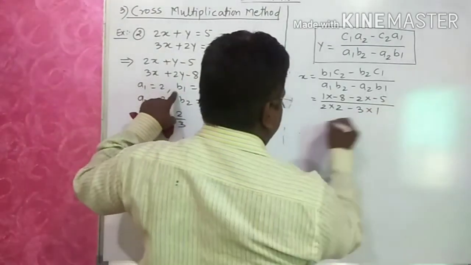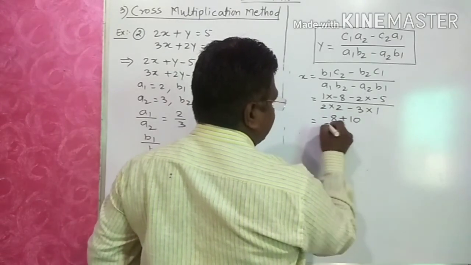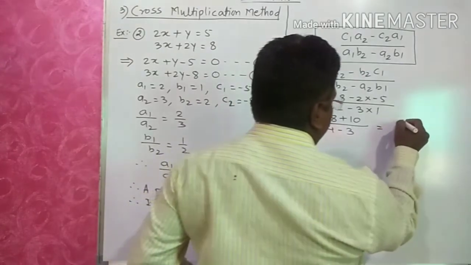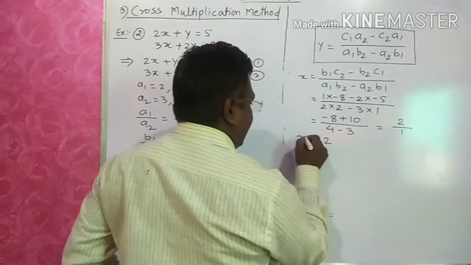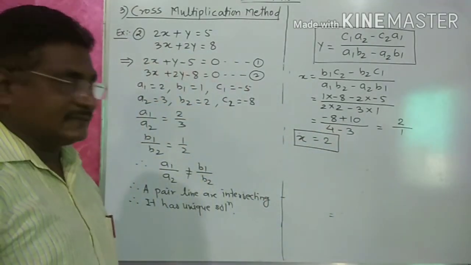So what will we get? Minus 8 plus 10 by 4 minus 3. So 2 by 1, means the value of x is 2.